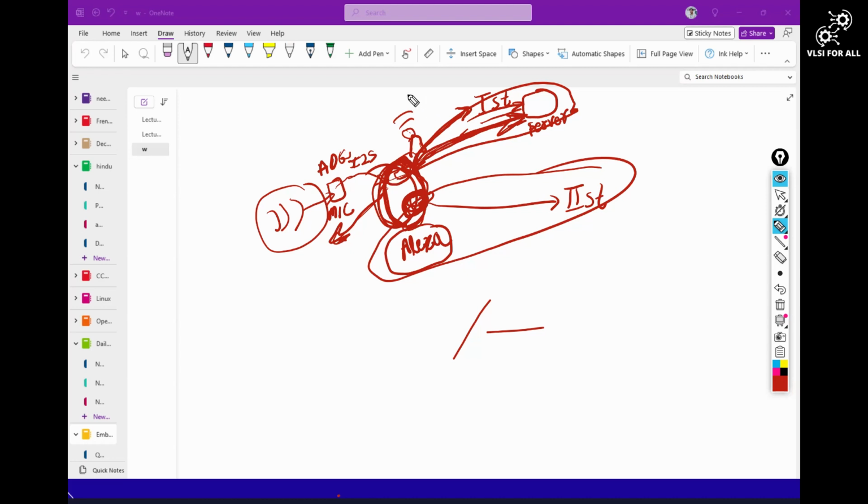So to skip this, instead of sending this voice data to the cloud, you can run it on chip itself by designing an efficient processor which can run voice detection algorithms, right? So the current trend in the embedded system industry is embedded machine learning, designing and bringing up these embedded machine learning processors on your chip, right?